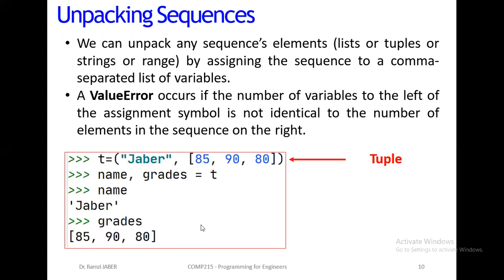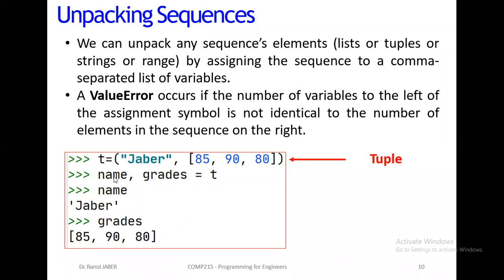It means here we have a tuple. First element is Jabir, comma, second element is a list. Now we will use the unpacking sequence, which means I want to assign the first element to a variable name, comma, the second element to grades. So I can do that.